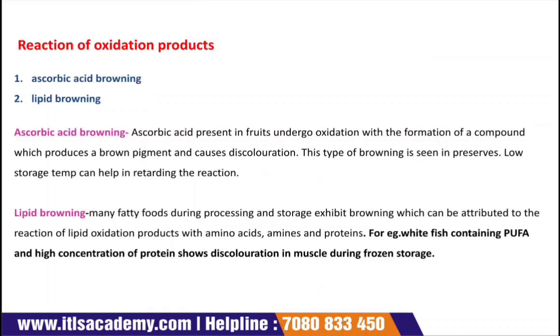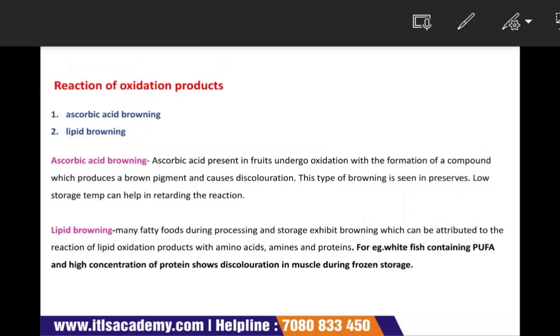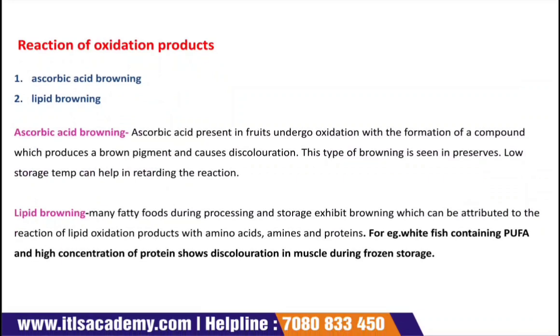Now we will see what is the reaction of oxidation product. The reaction of oxidative product is further divided into two: the ascorbic acid browning, and the second one is the lipid browning. So what do you understand by ascorbic acid browning?